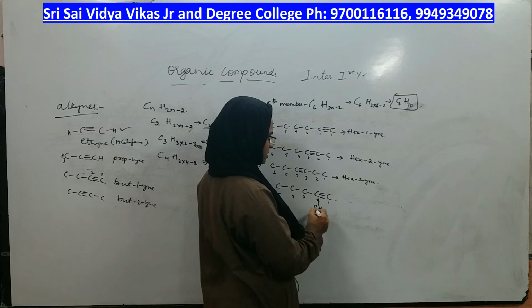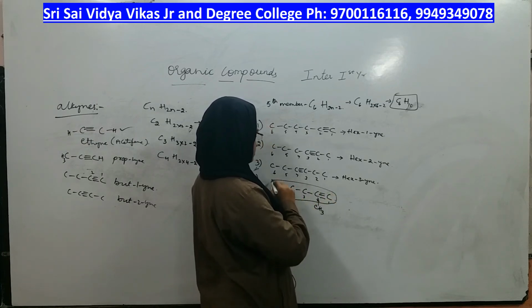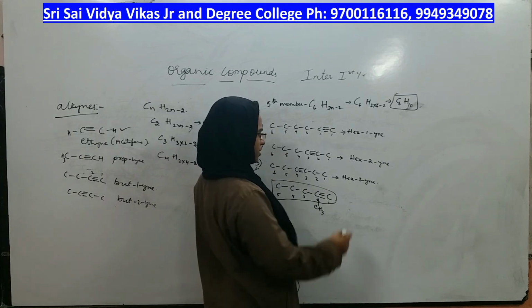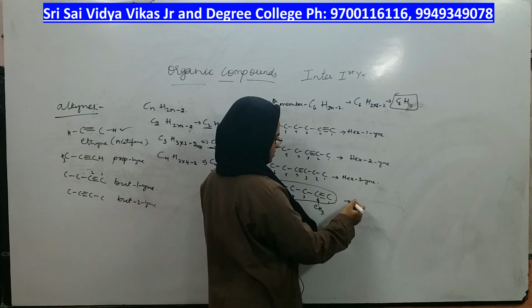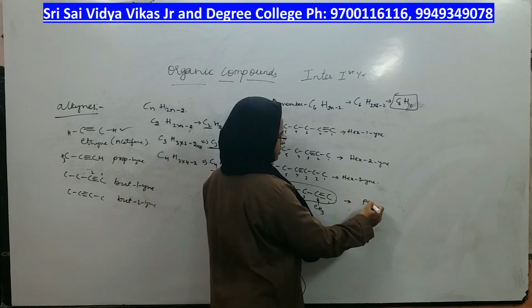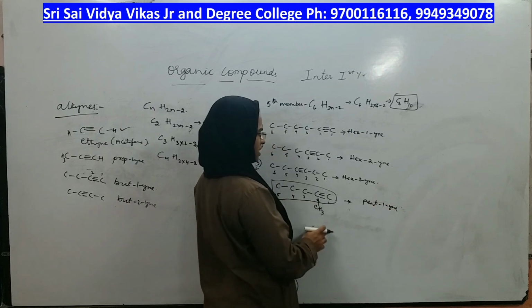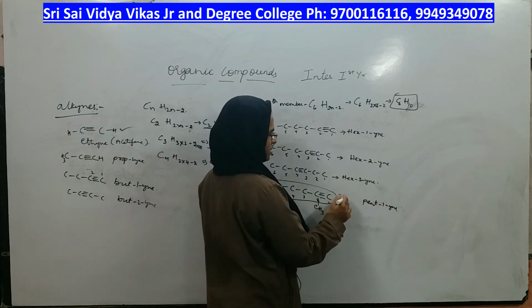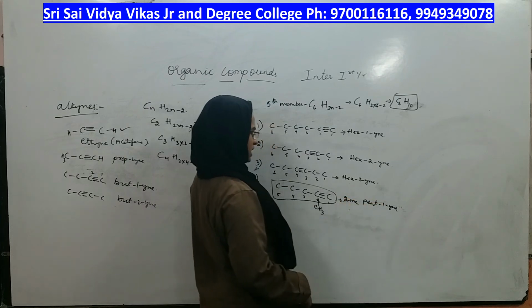Let me take it at the second position. What is the name of the compound? 1 2 3 4 5 means pent. Where is the triple bond? At the first carbon only, pent-1-yne. Where is the methyl group? At the second carbon, 2-methylpent-1-yne, right?